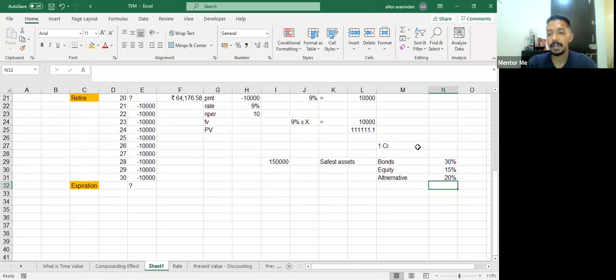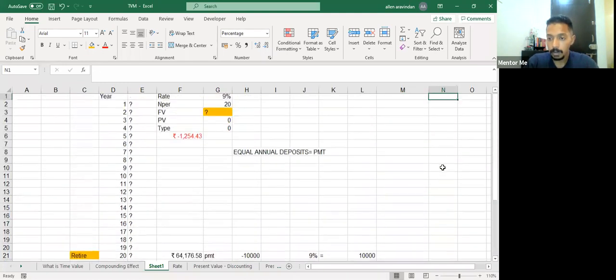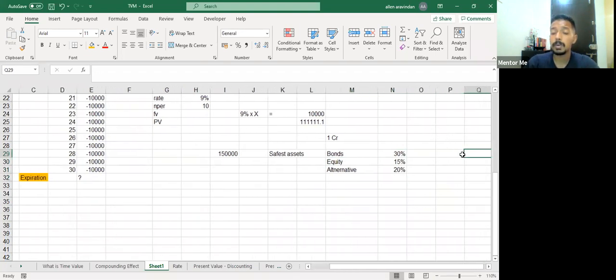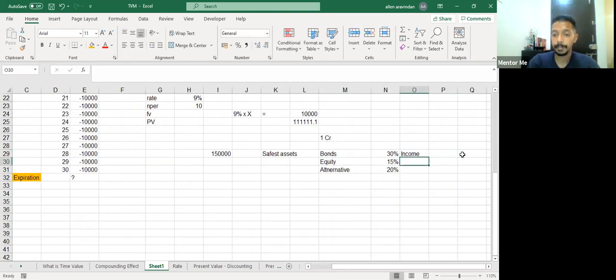All these are alternative assets. Now you can see every asset allocation has a different objective. Bonds have the objective of giving you income. Equity has the objective of beating inflation, and alternative assets have the objective of giving you a lower correlation.